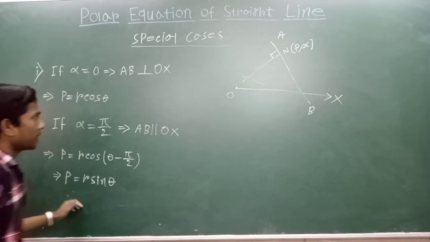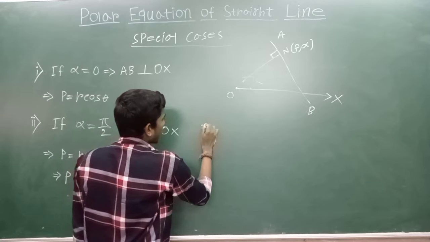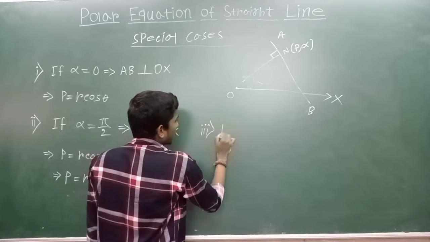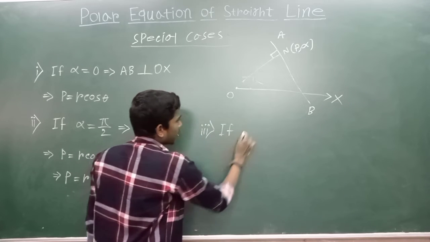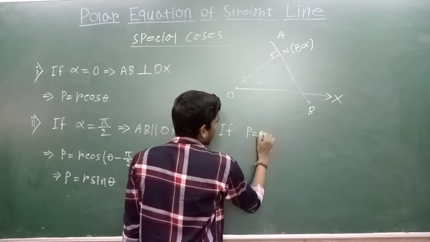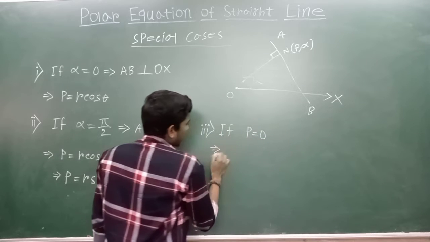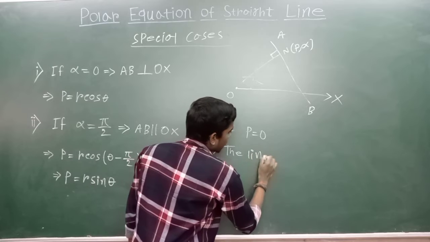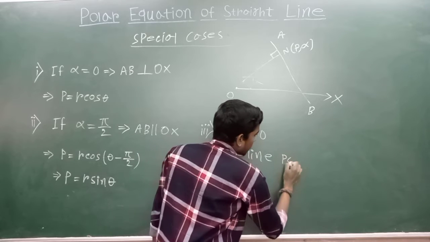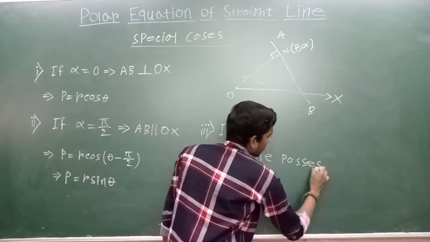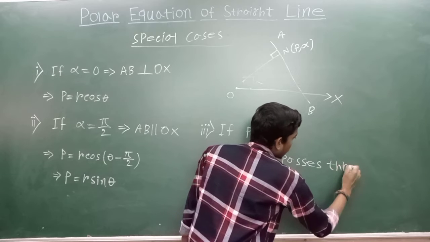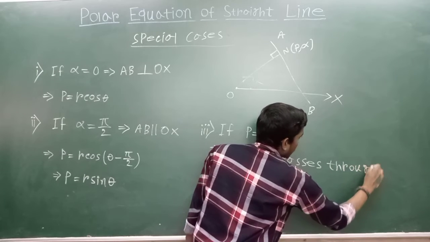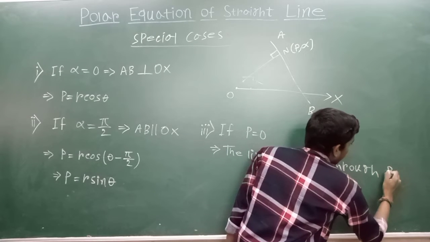One more special case is there, that is case 3. If P is equal to 0, then the straight line passes through the pole.